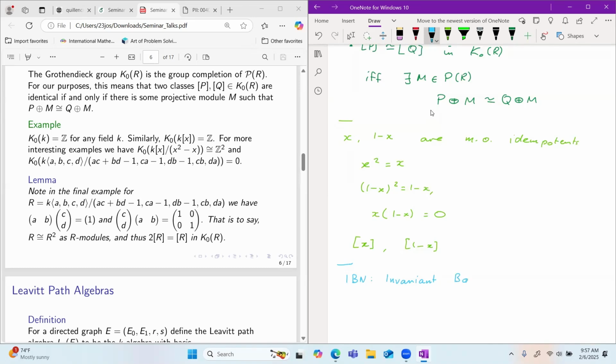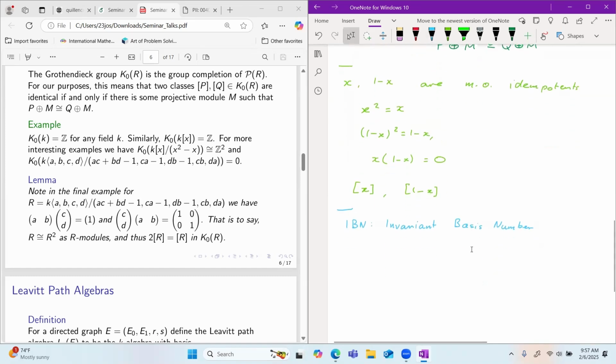A ring R has IBN if R^n and R^m are isomorphic as R-modules if and only if n equals m.